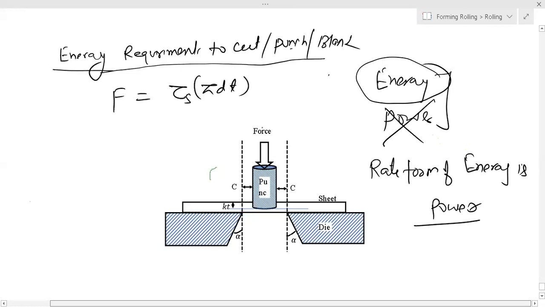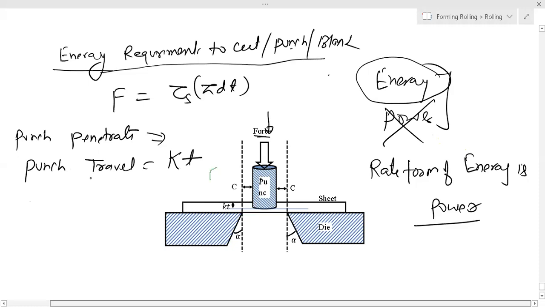So force is applied. You can see it is a punch and it travels. The punch penetrates, and we call it punch travel. That is here KT, where K is a constant. If K is 0.2, it means KT is 0.2T.